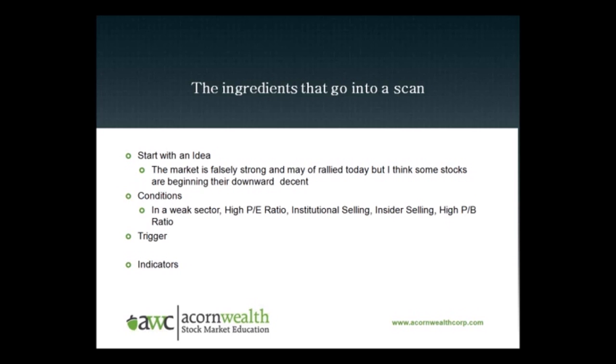So the people that know the company best, in essence, feel that the company is a good price to sell at right now. And then, of course, other things we can combine with that are things such as high price-to-book ratios, other fundamental factors that basically tell us that potentially the core of the apple is rotten.